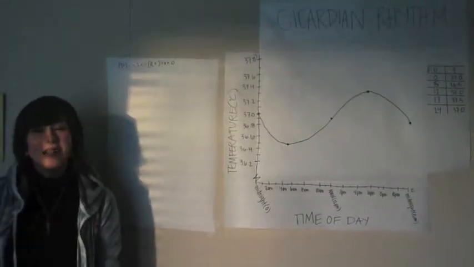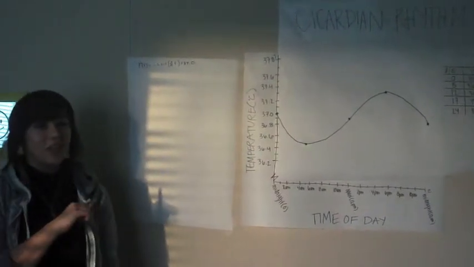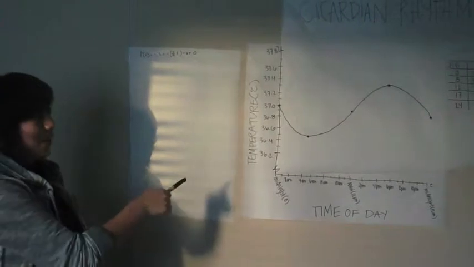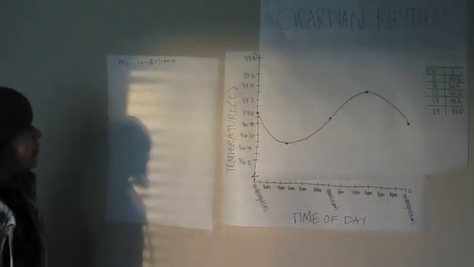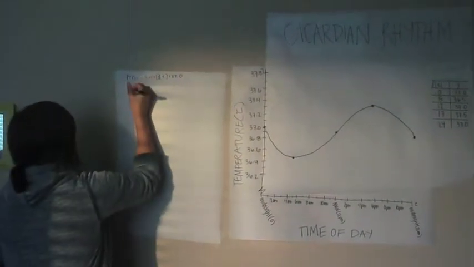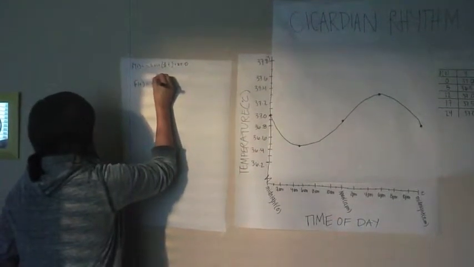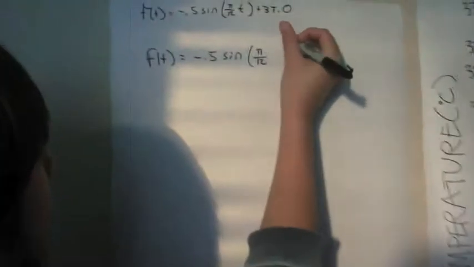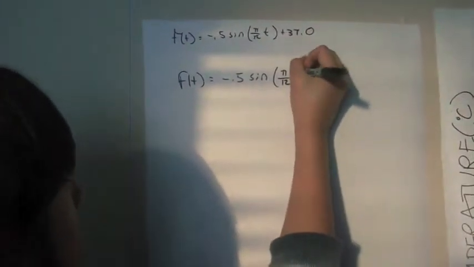Hi, I am Genesis and I am doing part C. I am going to take the sine function that we created to test the data that we originally got. The first point that I'm going to test is 5, which is 5 a.m. So I'm going to take this function and replace the t with the 5.